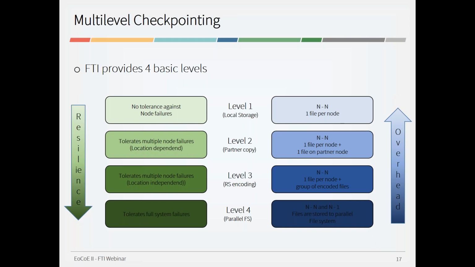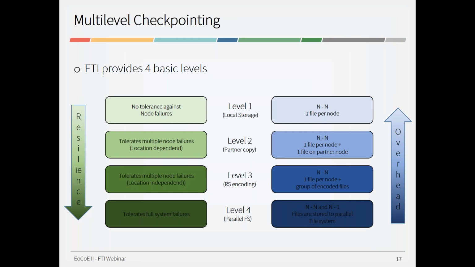And we can lose half of the files and recreate the data from the remaining files. So that is the strength of this erasure coding. You lose half of the data, but you still are able to recreate the full set with the remaining ones. This is level 3. It takes some time to encode the data, which is why it's a little bit slower.